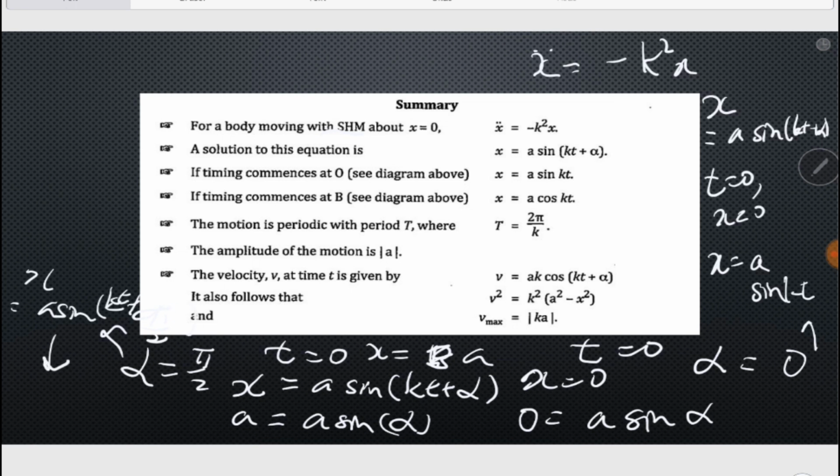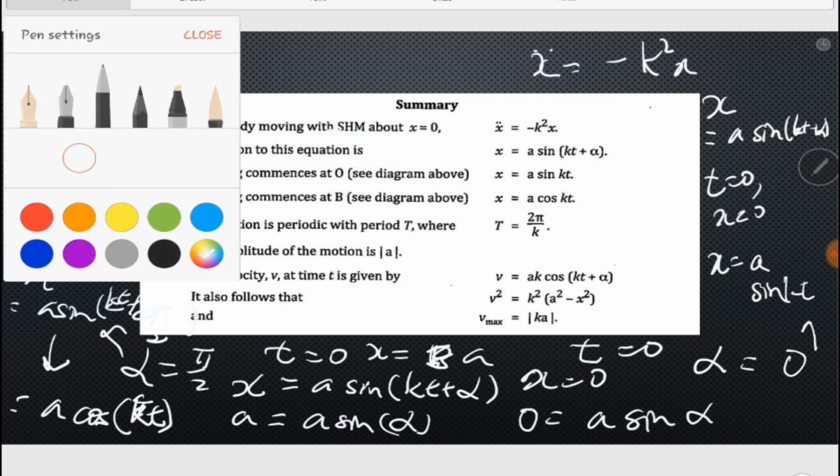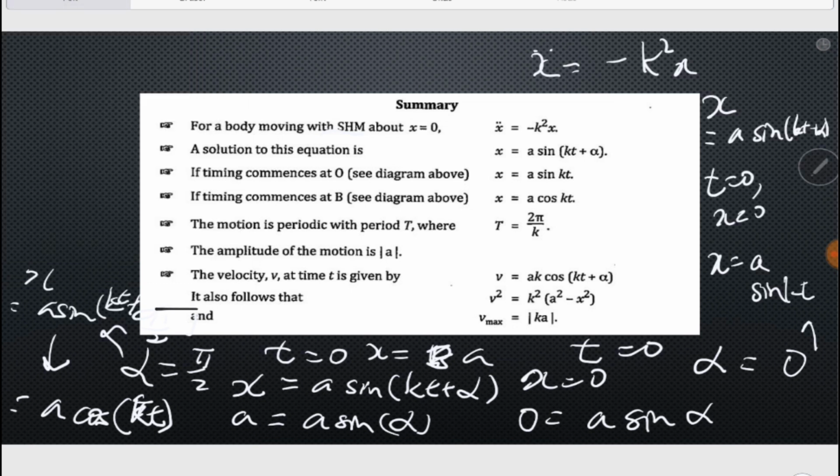And if you know your trigo well, that would bring you to a cos kt, which is what we see here. Just in case you can't see, this will be alpha, pi over 2.